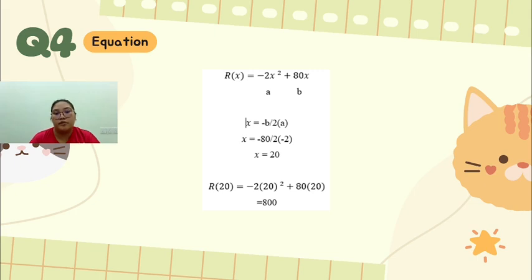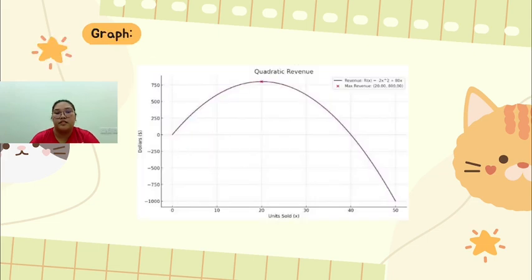The answer for x is 20. So we put R(20) equals negative 2 times 20 to the power of 2 plus 80 times 20. The final answer will be 800. So this will be the graph. We move on to the next presenter.